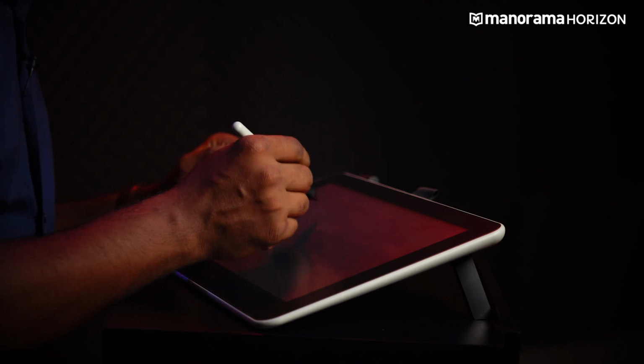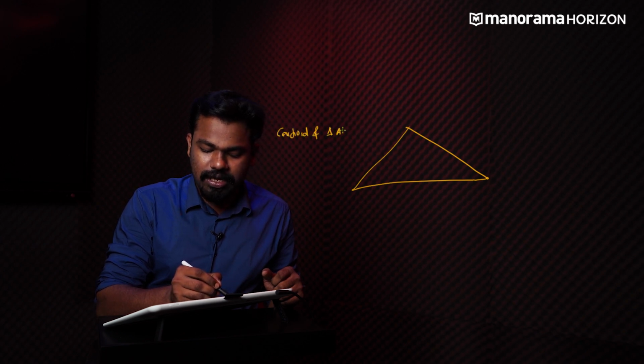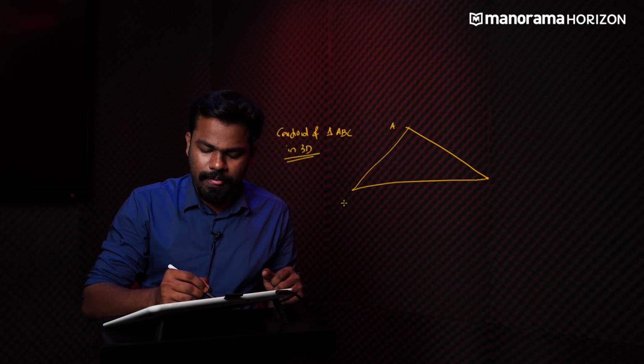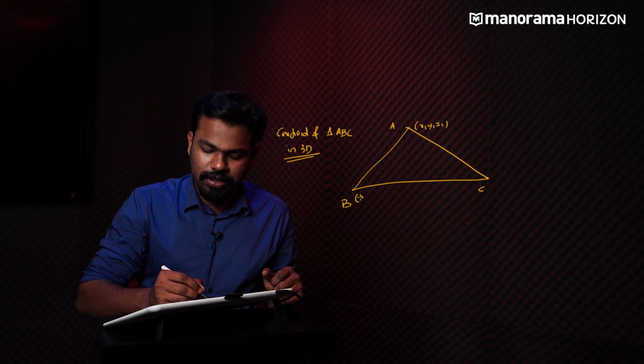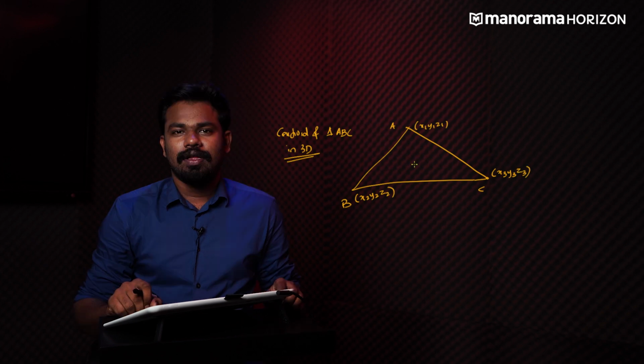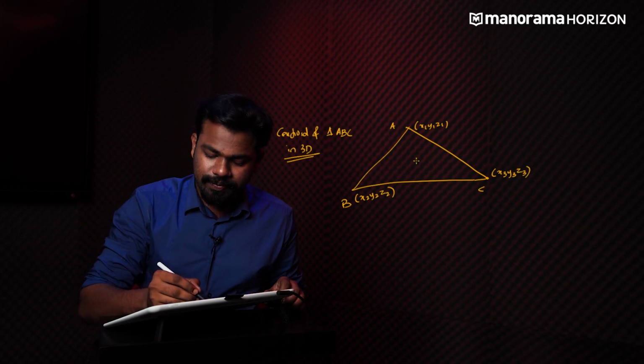Now again, if I have a triangle ABC here in 3D and I need to find the centroid of the triangle. So A, B and C. A is x1, y1, z1. This is x2, y2, z2. And this is x3, y3, z3. The centroid of the triangle ABC here can be found.